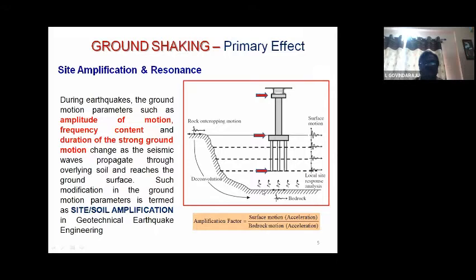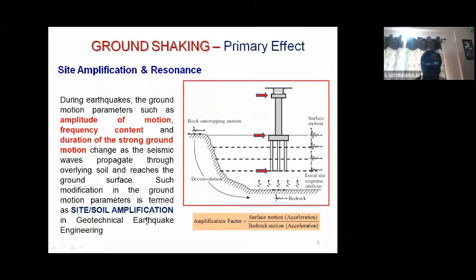So what will happen when an earthquake triggers here? If the earthquake has a certain acceleration, when the motions are carried forward from the bedrock through the overlying soil layers and reach the ground surface, the acceleration gets modified and the frequency content of the ground motion will vary. At the same time, the duration of the ground shaking will also vary here.